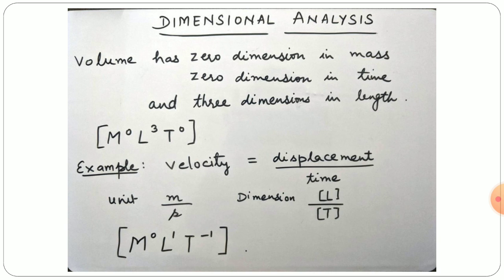The SI unit of velocity is meter per second. So, the dimension will be L by T. That is, we can write the dimensional formula as M to the power 0, L to the power 1, T to the power minus 1.